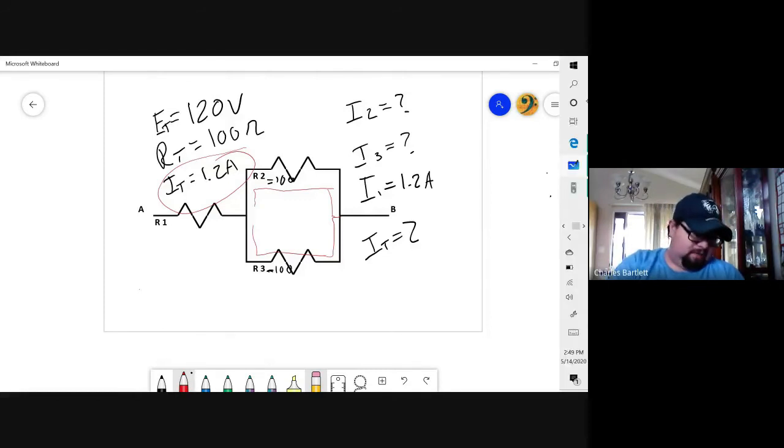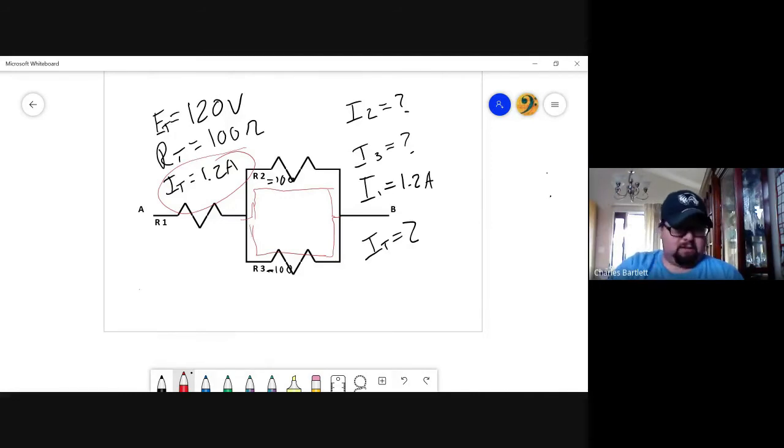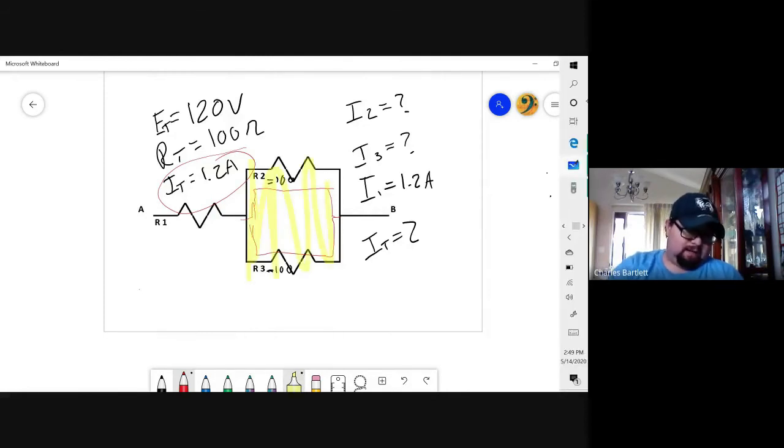Anyway, we have this problem of the amperage splitting across our parallel section, and we have to figure out how to do it. And the best and easiest way to do that is to actually find out what the voltage is going across our parallel section. So I'm going to get the highlighter out, and we've got our parallel section right here. And how do we figure out what the voltage is?